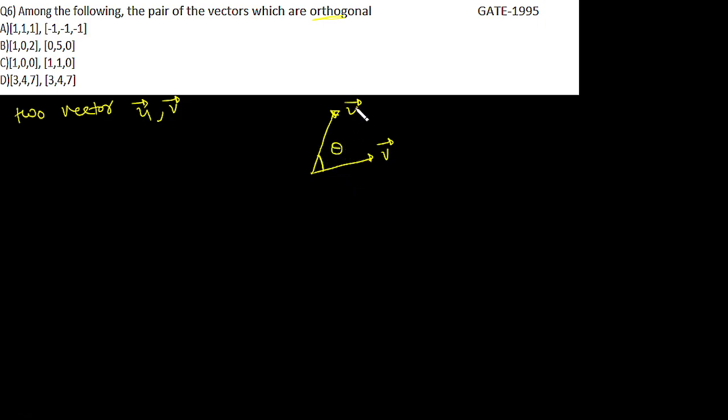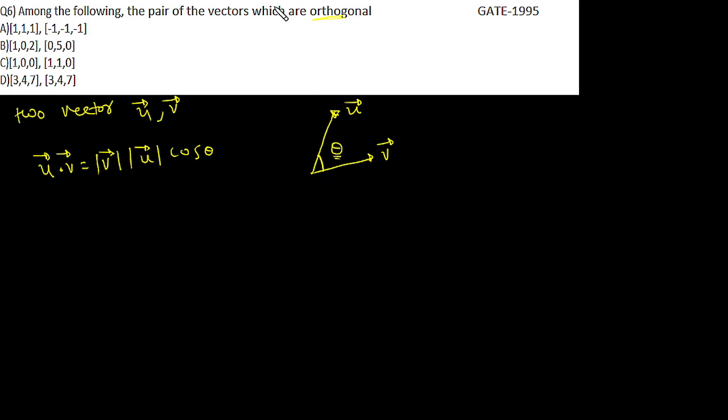Now, if I am interested in finding the dot product of these two vectors, let's write it: vector u dot vector v. So I just take the magnitude of vector v, and I multiply it by the magnitude of vector u, and multiply it with the cosine of the angle between these two vectors.